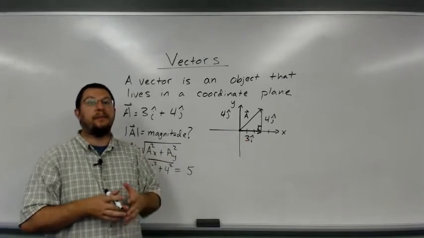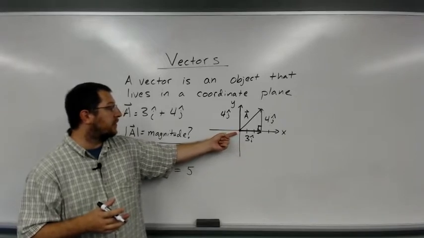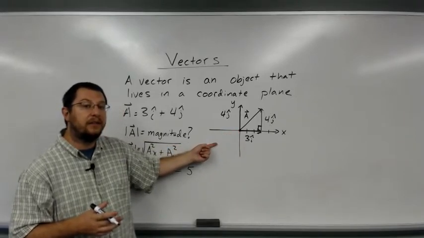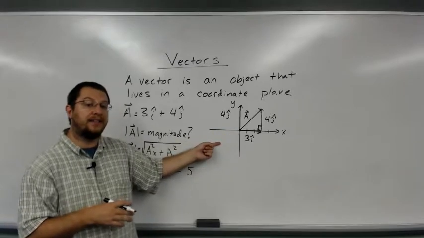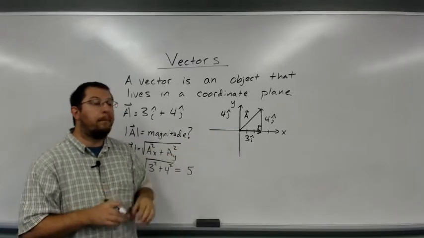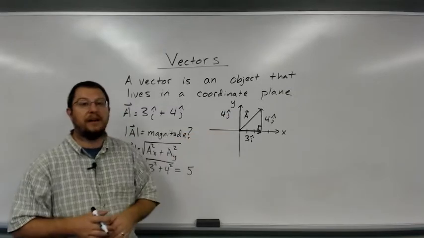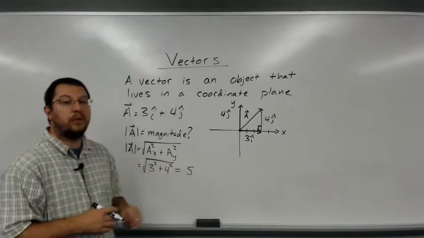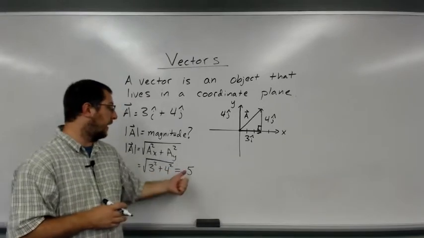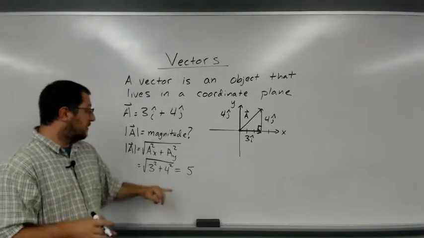I cannot have a negative magnitude in length. I can have a vector that goes in the negative direction. Say I had a vector that went in both the negative x and the negative y direction, but the length of that line, if I stick a ruler across that line and measure its length, it will always have a positive measurement. So I never have to worry about the plus and minus when I'm looking at the magnitudes of things. Okay? So there's the magnitude of A.